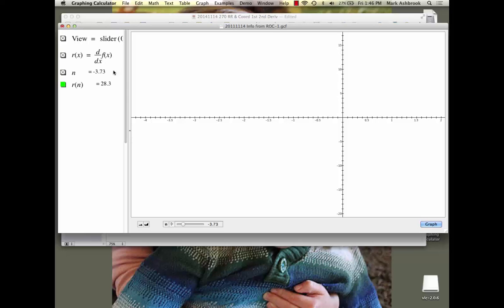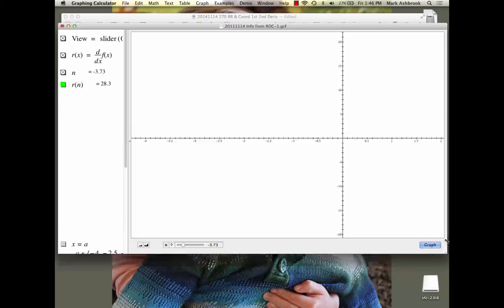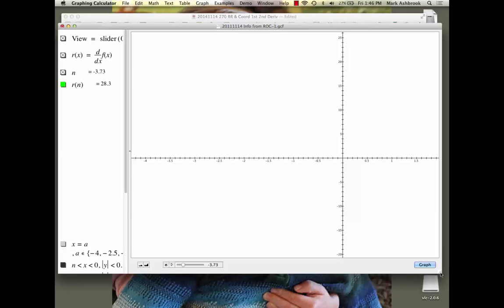So our n slider is the current value of x, and I'm showing a command line there for r of n, or the current value of the rate at the current value of x, okay?